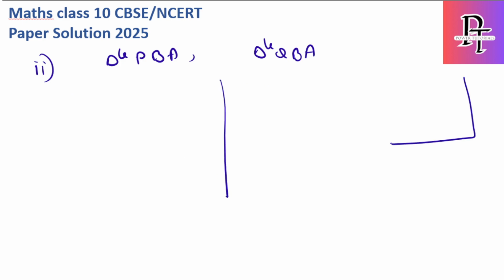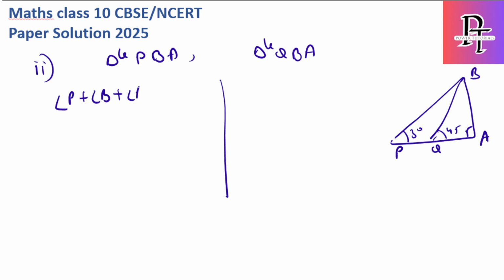Let's draw the triangle again. PQBA. This is 45. This is 30. This is 90. So PBA, if I take angle P plus angle B plus angle A is equal to 180. Angle P is how much? 30. And this we want, which is PBA, plus angle A we already know, which is 90, is equal to 180.